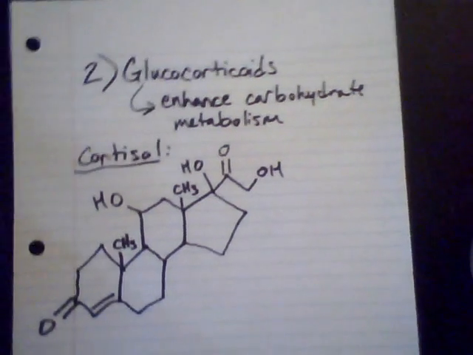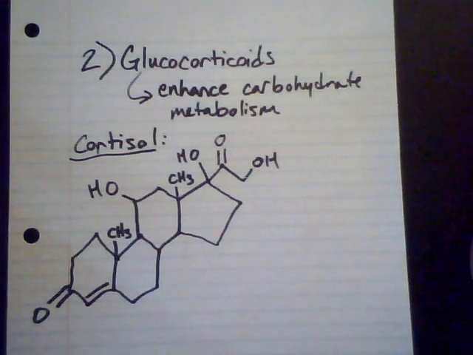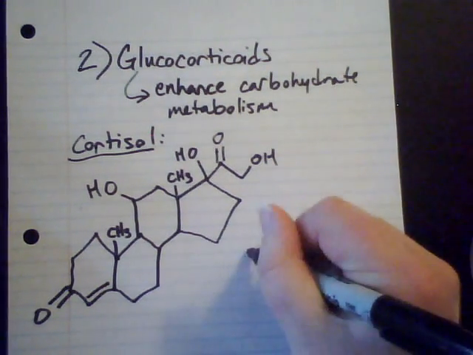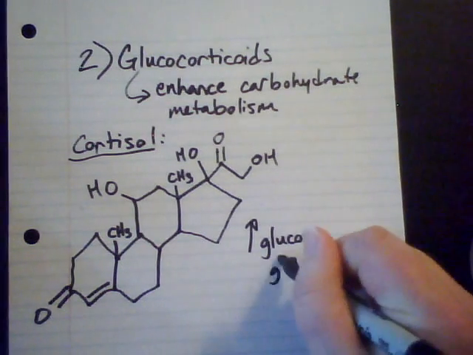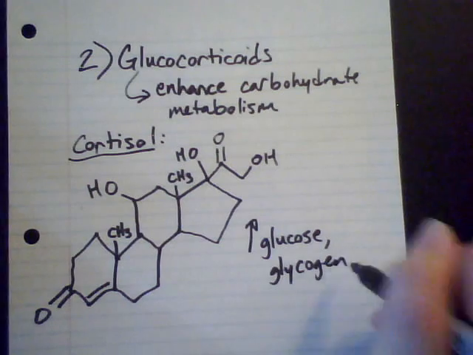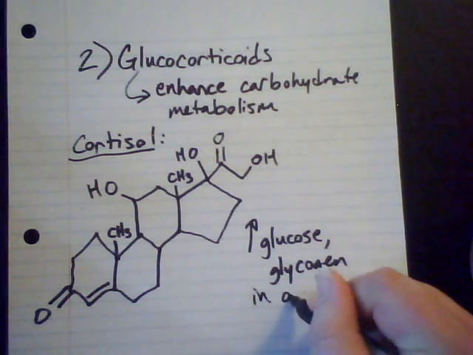So this cortisol helps to increase the glucose and glycogen concentrations in the body. So we're increasing our glucose and glycogen in our body.